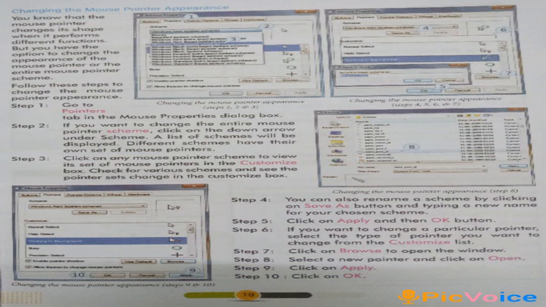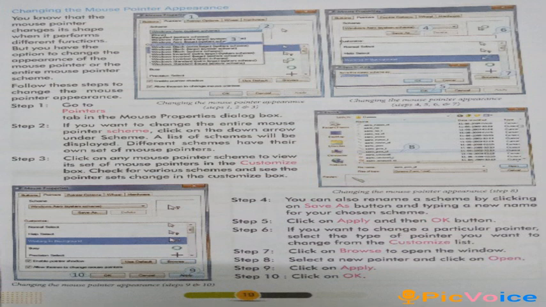Changing the mouse pointer appearance. My dear students, to change the mouse pointer shape or its appearance, we should follow 10 steps. Step 1 is go to pointers from the mouse properties dialog box.